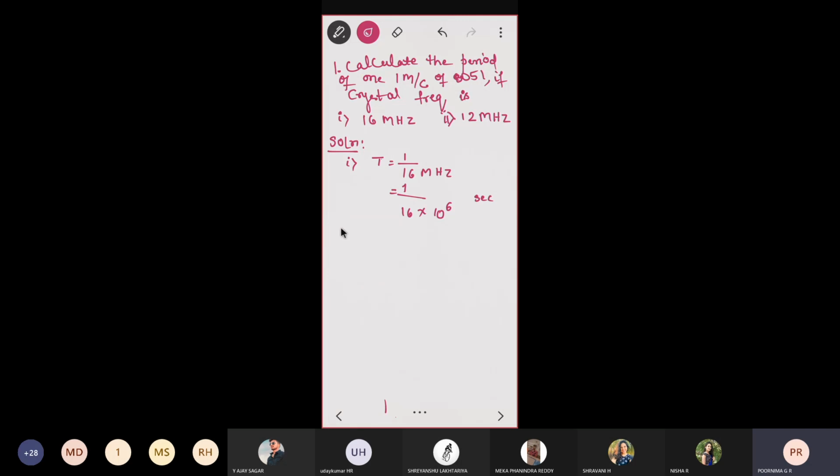Now you have to calculate the one machine cycle period or time. How do you calculate this? One machine cycle is nothing but 6 states, and one state represents 2 clock periods, right?